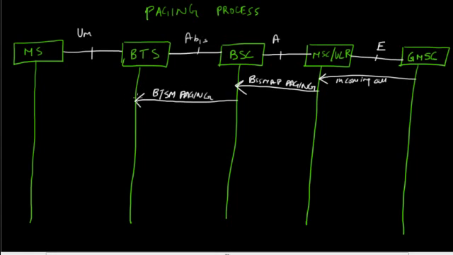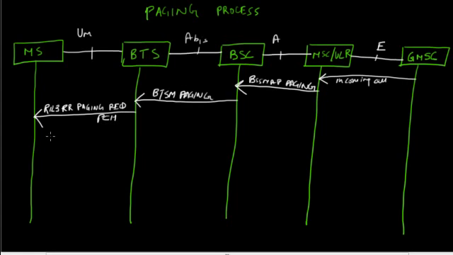Once the BTS receives that message, the BTS sends a paging request message on the paging channel, RIL3 RR, to all the mobiles on the paging channel.